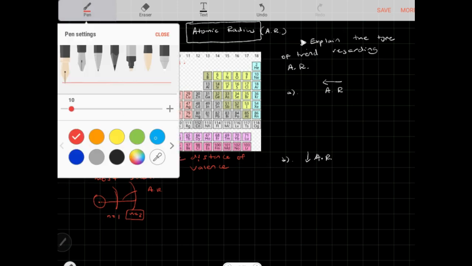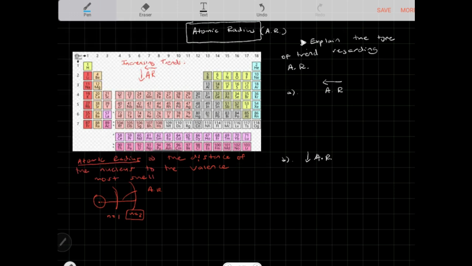Now the decreasing trends, which I'm going to do in blue: the atomic radius decreases to the right of a period and up a group. I'm going to explain why this is the case, and the type of trend regarding atomic radius for each of them.